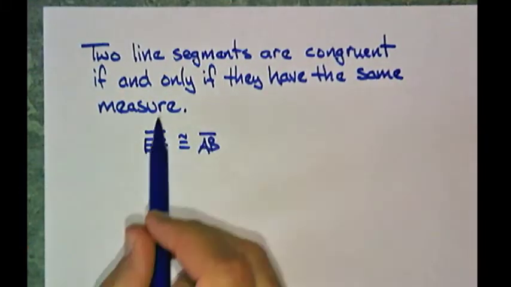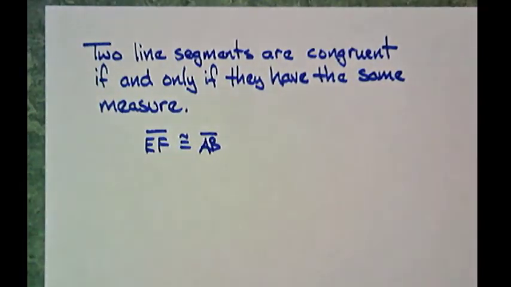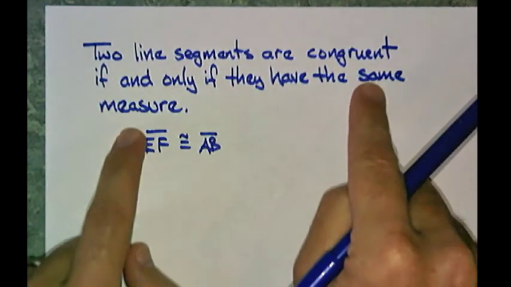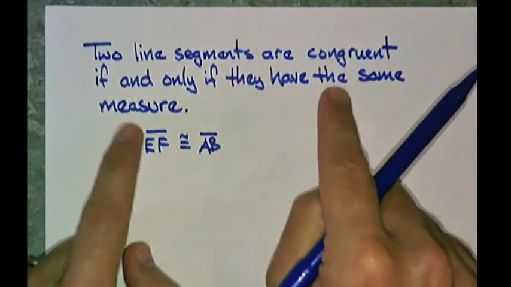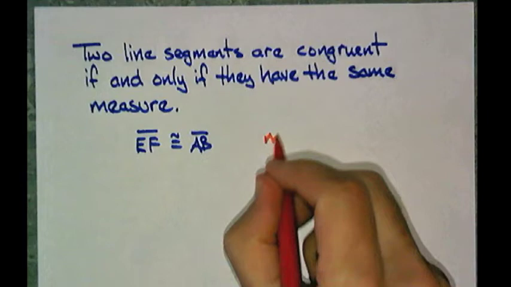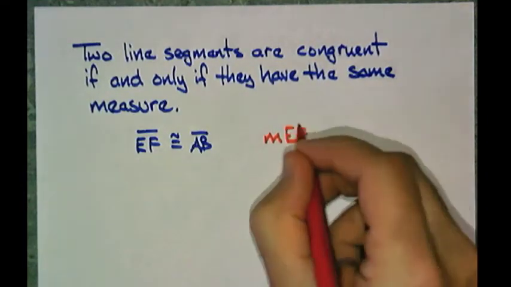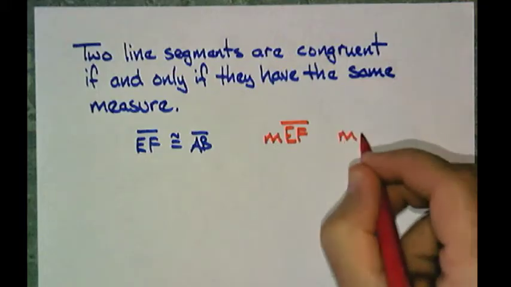This is saying congruent. I told you that two segments are congruent. A different way, the same measure, is written differently. If I want to say they have the same measure, that's when I write down the M, the measure of EF and the measure of segment AB.